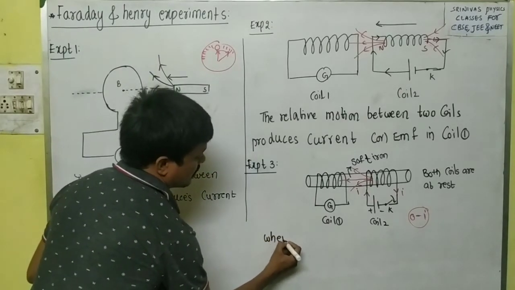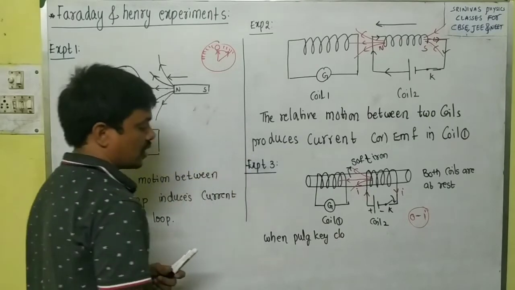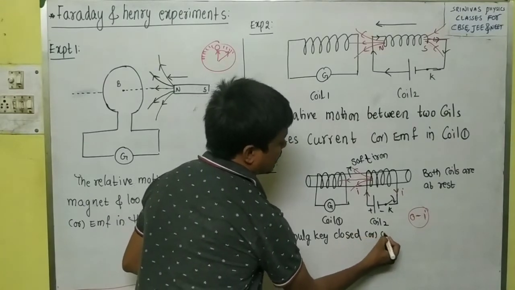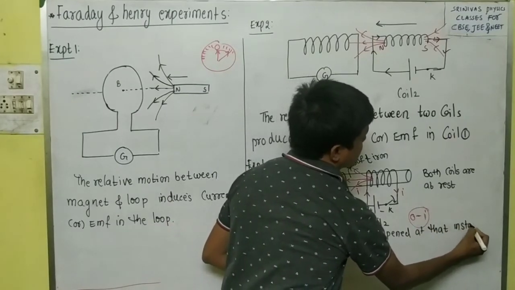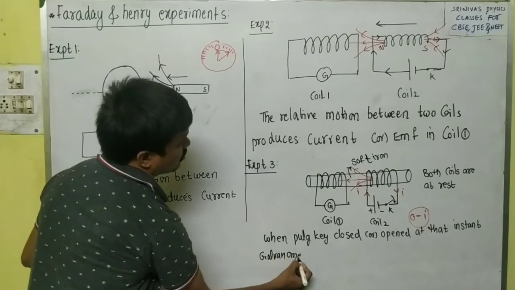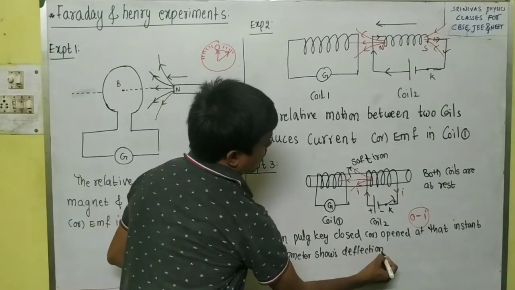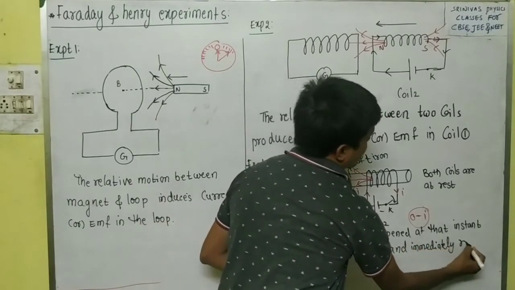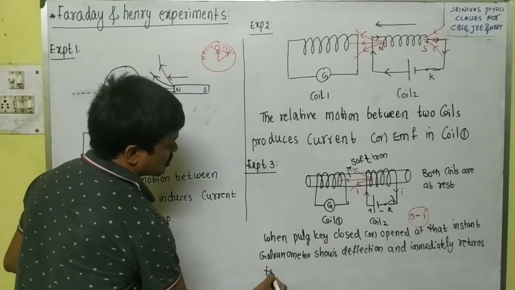While the plug key is closing and opening, at that instant the galvanometer shows deflection, and immediately returns to 0.